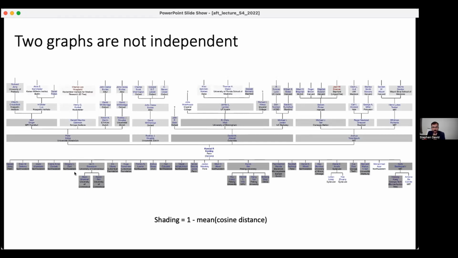I think it's pretty clear that all these researchers down here that are dark have a relatively short distance from this person. If we look at mentors, we can see there's a dark band up here, so there's definitely some similarity to mentors. But if you go back a few generations, you can still see some relatively short distance between the node of interest and these much earlier nodes.